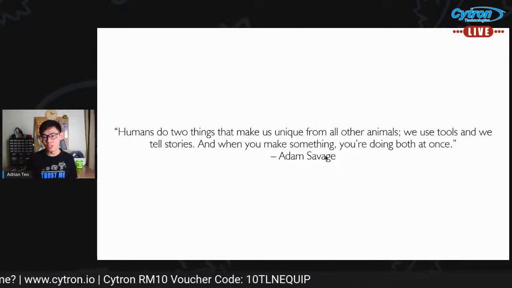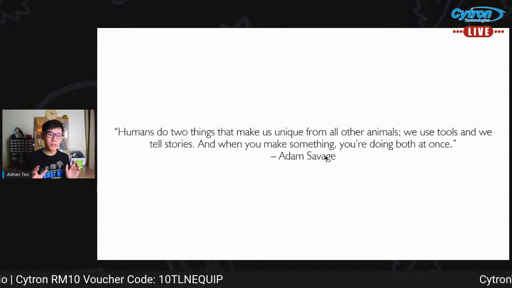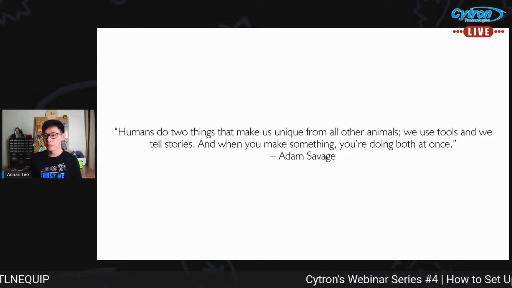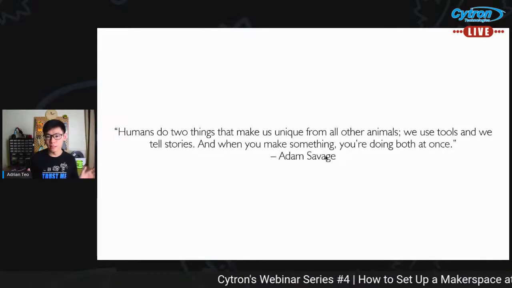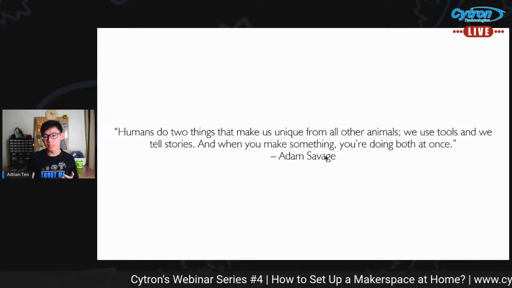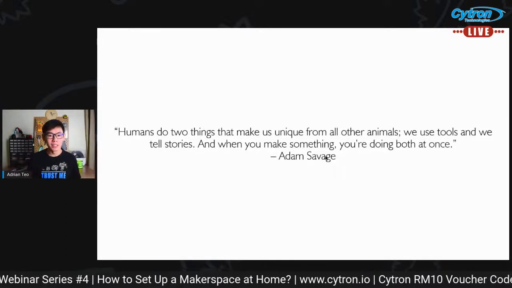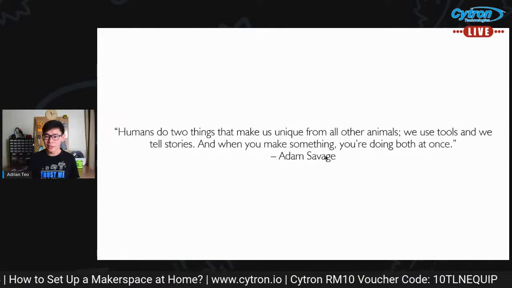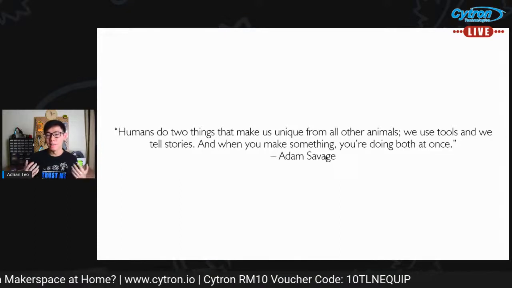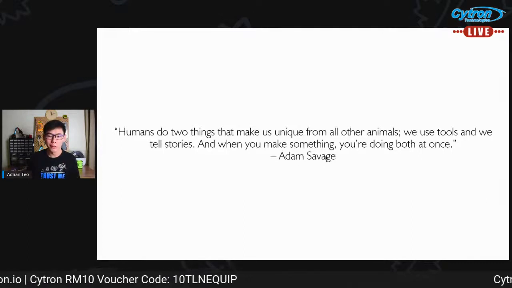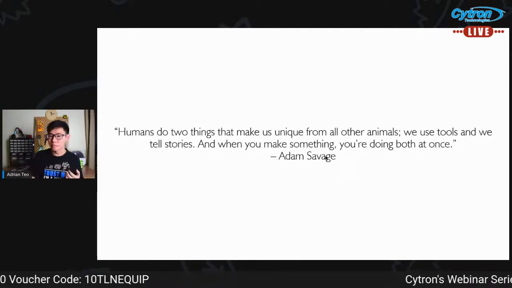Okay? The only unique point about why makers today are so different is because of the technological advancement around us. We have technology that helps us make even better inventions like a 3D printer or a laser engraver. With this technology, we are able to express our creativity even further.